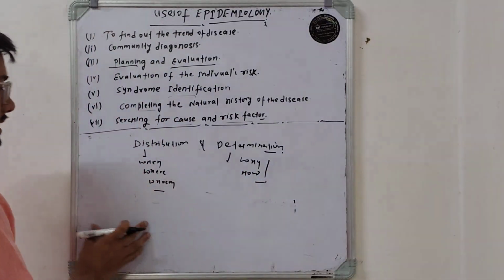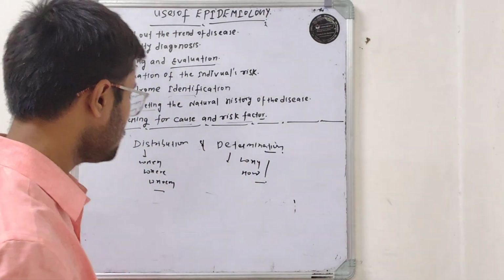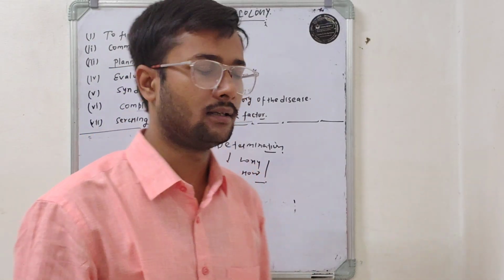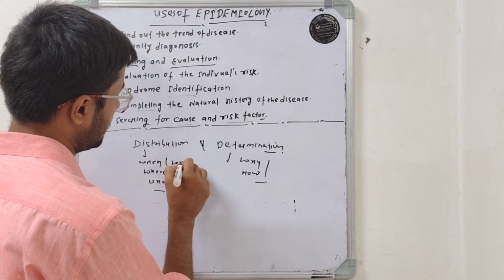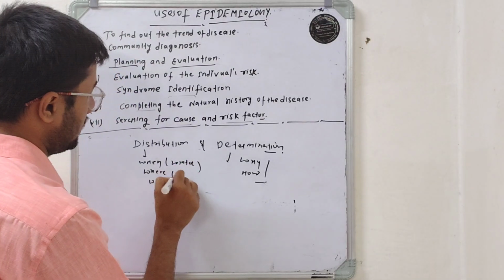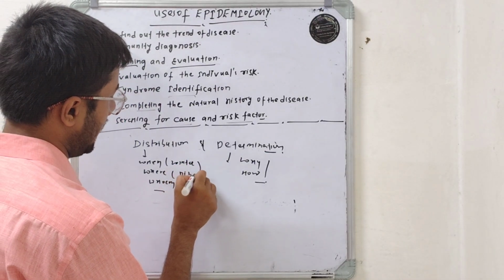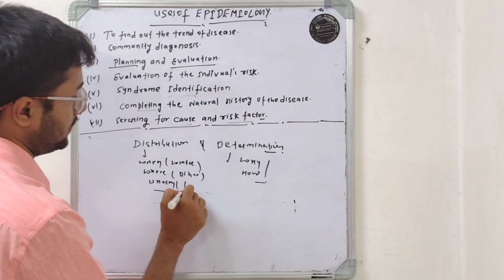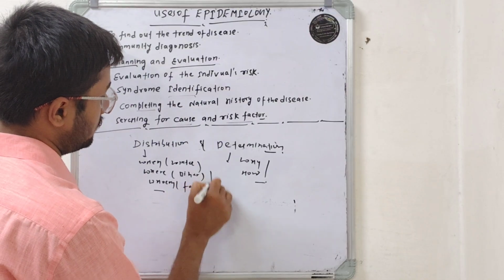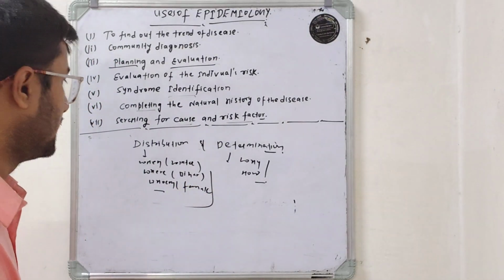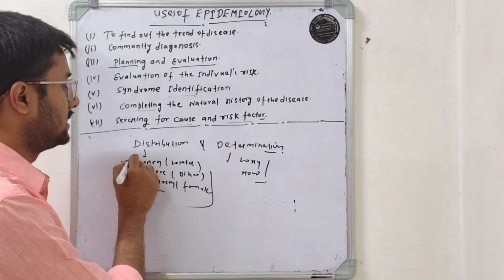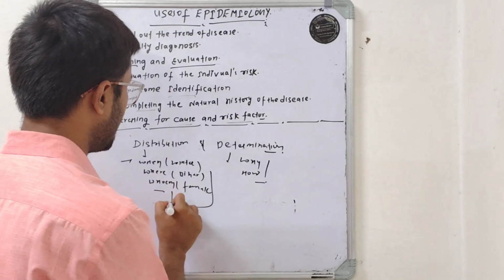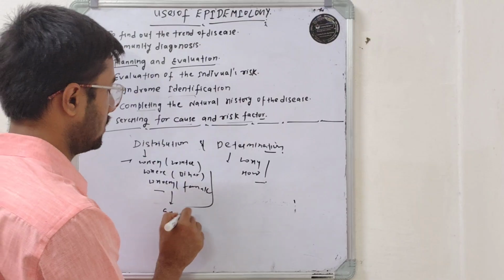Okay, so let's suppose we have knowledge that in the winter season, in the state of Bihar, females are affected by a disease.